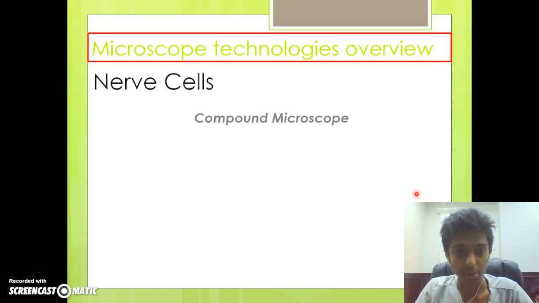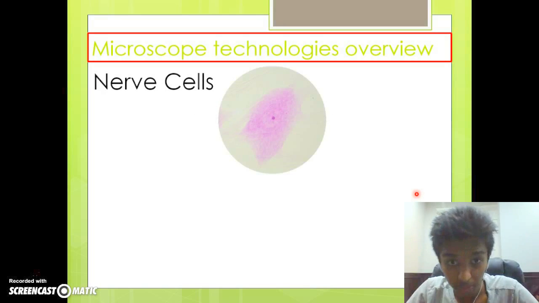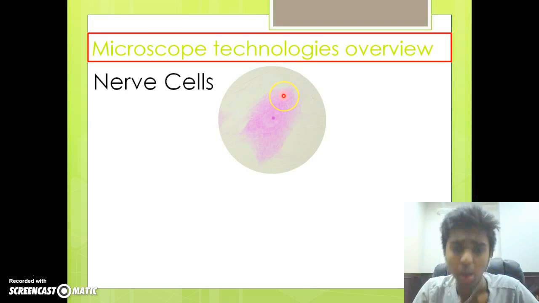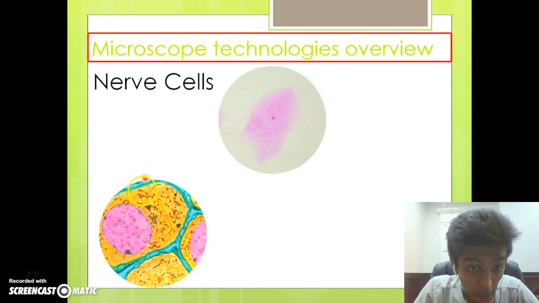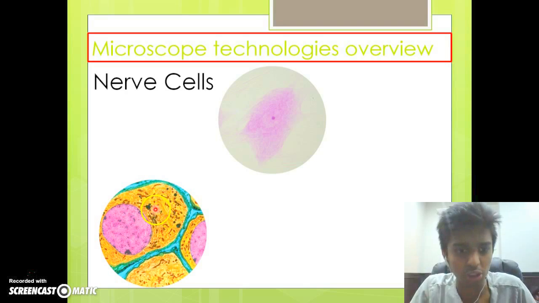And these are some examples, with the compound microscope with the nerve cell right here. So this is the detail that we would be able to see. Essentially just the areas where the light is illuminated from. So this would be a dark field type illumination. Then with the transmission electron microscope, this is the detail that we're able to see. As you can see, we can observe the internal structures.